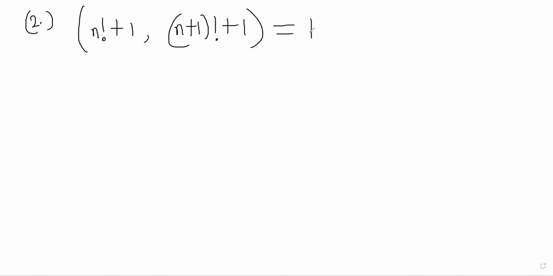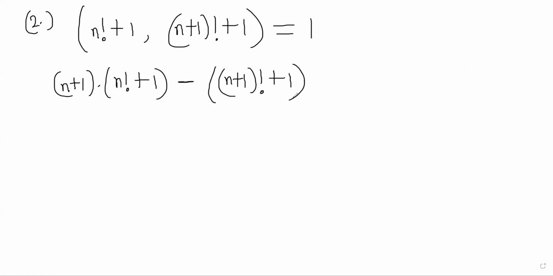The next part of the question says prove that GCD of n factorial plus 1 and (n plus 1) factorial plus 1 is also equal to 1, right? Okay. Here we can see a nice relation. (n plus 1) times (n factorial plus 1) minus ((n plus 1) factorial plus 1).